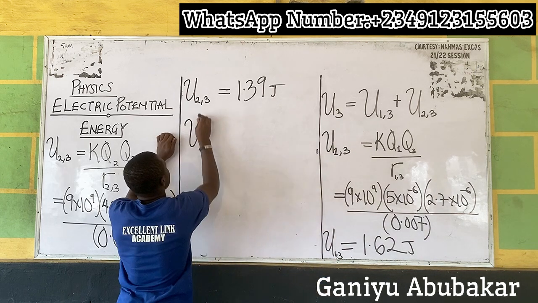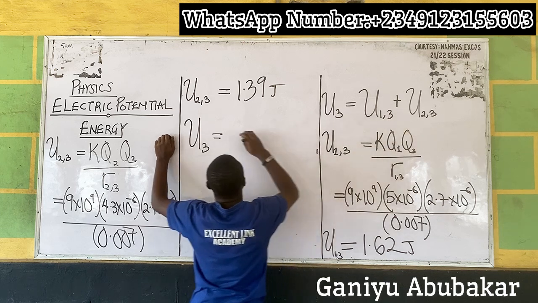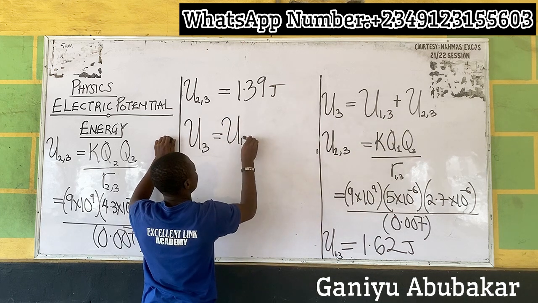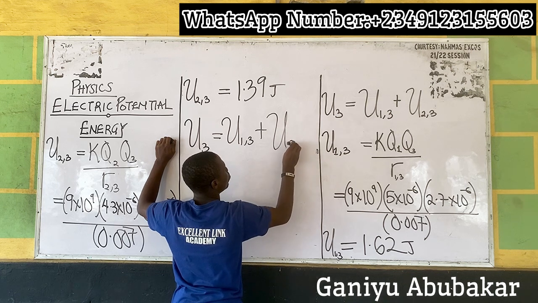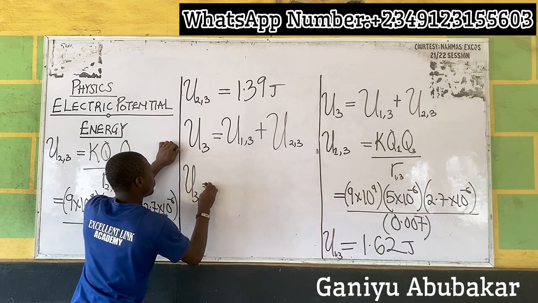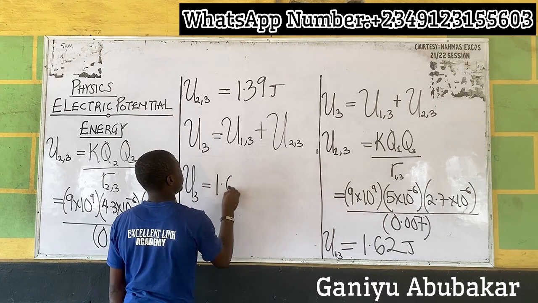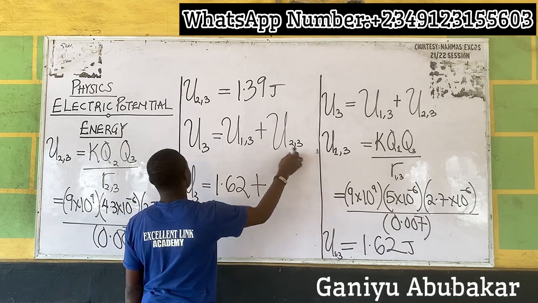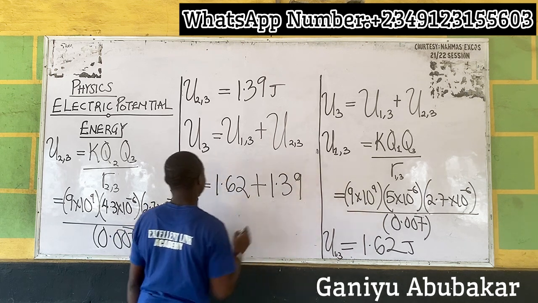So let's get the electrostatic potential energy at charge Q3. That becomes U3 is equal to U13 plus U23. U3 is equal to U13, of course 1.62, plus U23, of course 1.39.